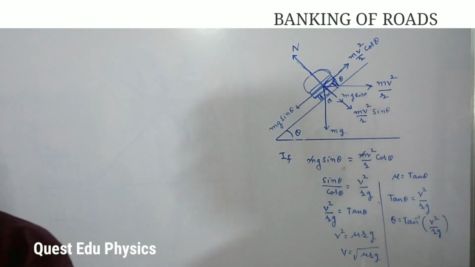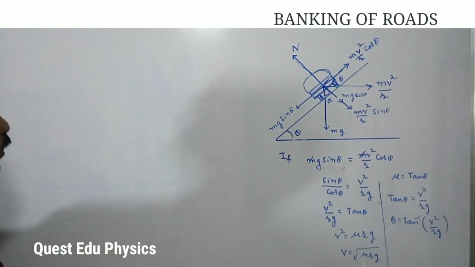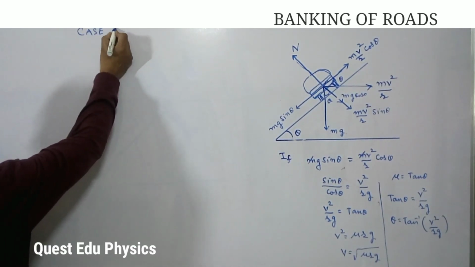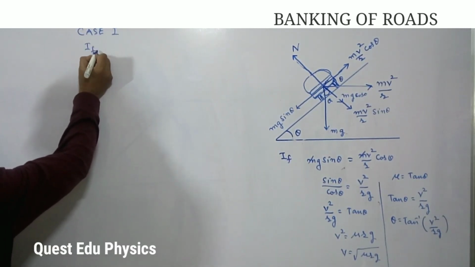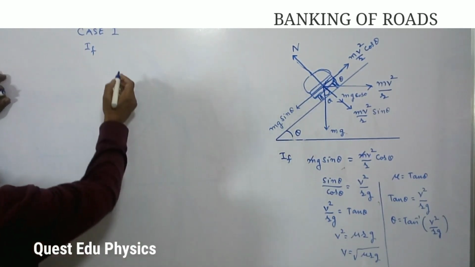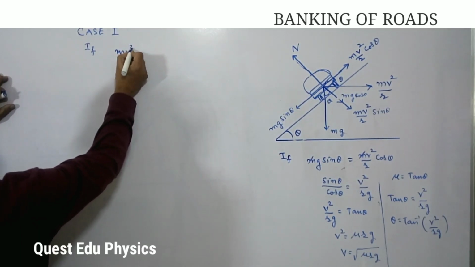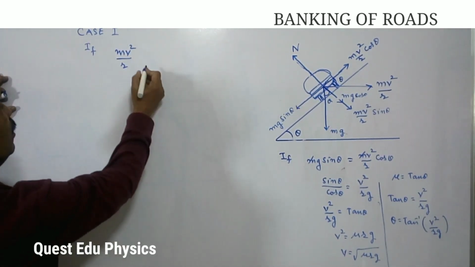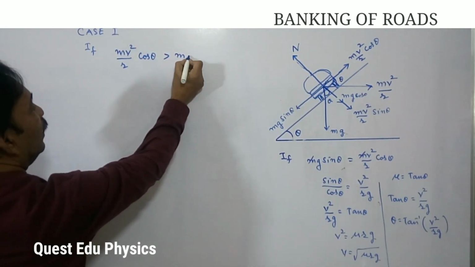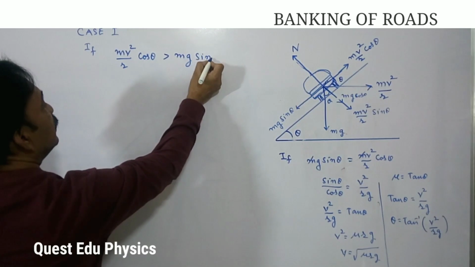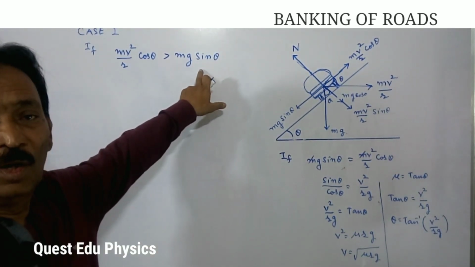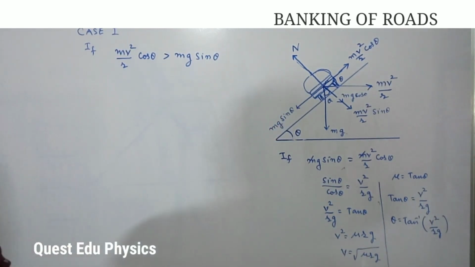Are you following, students? Now we are taking case 1. If mv²/r cos theta is greater than mg sin theta, the difference between the two will provide the safety of the vehicle.